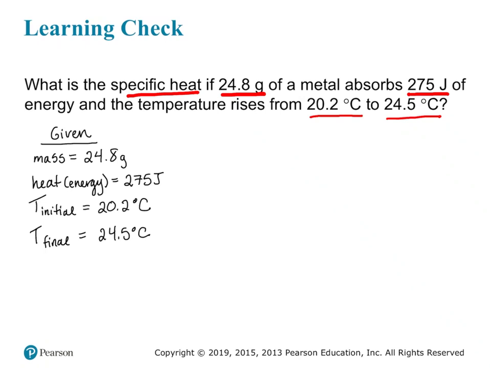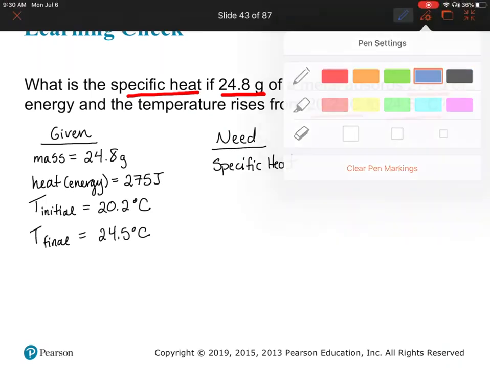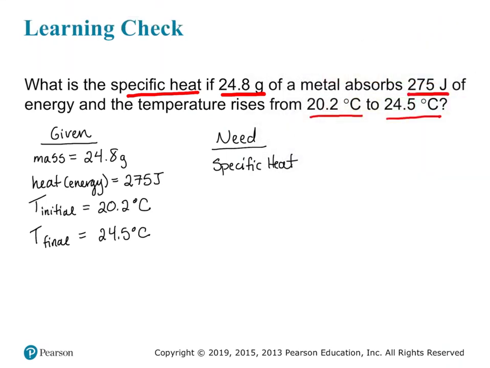Okay, so now what we need to determine, so it asks what is the specific heat. So we want to figure out the specific heat. Okay, so our plan is probably to use that equation we just saw. So I'm going to write that in a different color here so we know what's what.